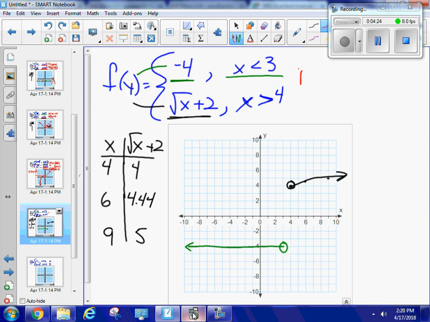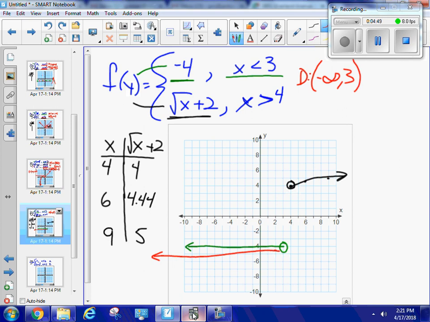So let's take a look at the domain of this function. Domain is all the x values that have a y value. Well, I can see that I got y values going all the way out here to -infinity, but they stop at 3. So my domain goes from -infinity all the way to 3, and 3 is not included.